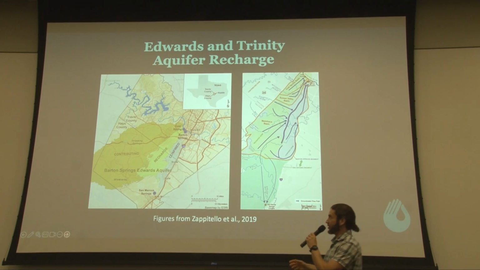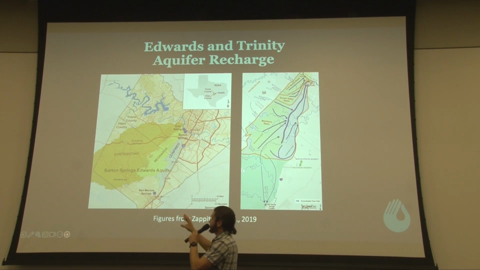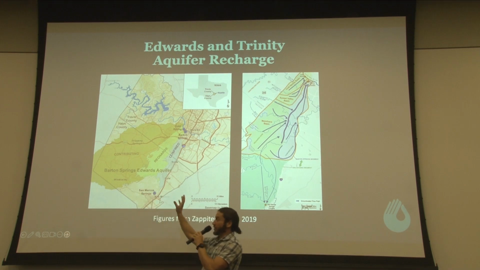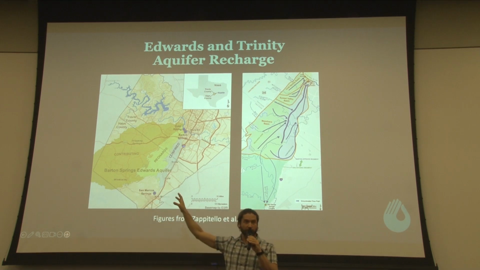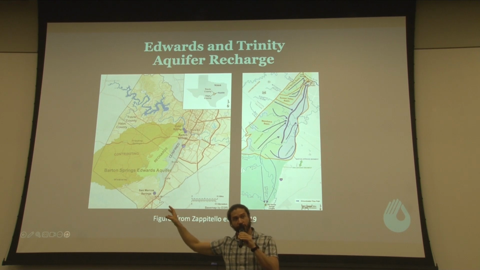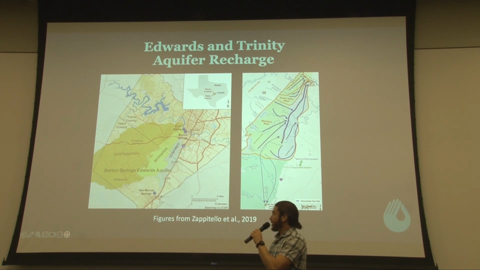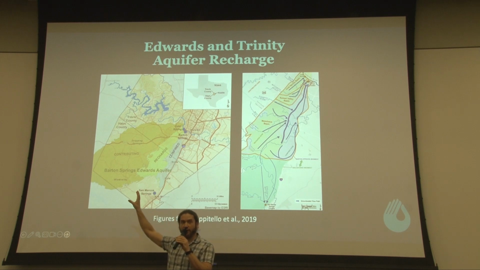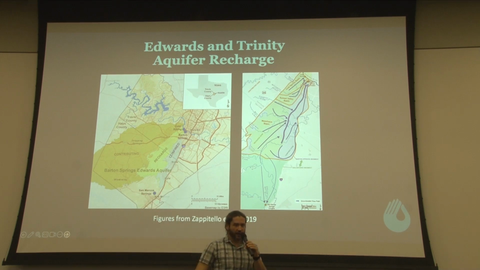With the Trinity, it's a little bit more complicated. So this is the contributing zone in the darker green here. They call it the contributing zone for the Edwards Aquifer, but it's also the recharge zone for the Trinity Aquifer. So most of it is outside of our district within Hays Trinity Groundwater Conservation District.